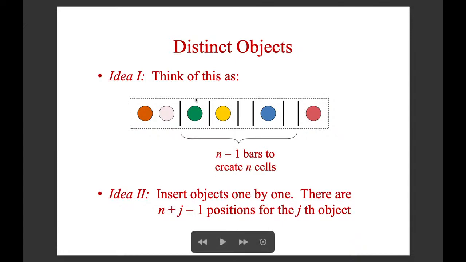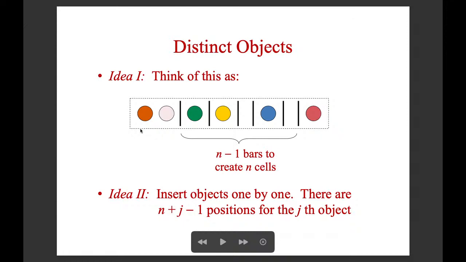The first idea is the so-called ball and stick model to represent the distribution of objects. We have n minus 1 sticks, or bars, so that between the bars they represent a box.